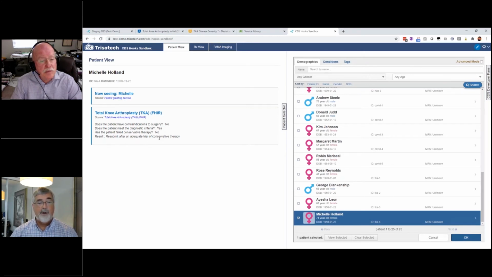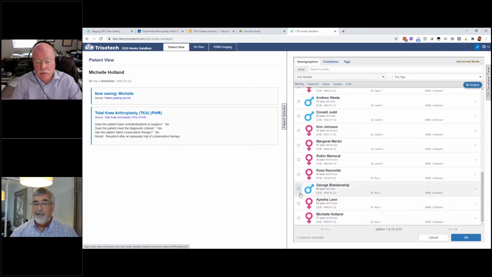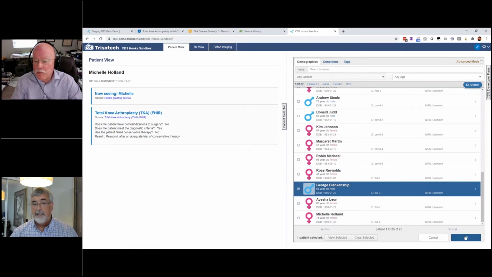So we're recommending her back to continue or look at conservative therapy. And similarly, I can move to other patients and get their particular results. For George, he has a contraindication, so therefore we should reject him pending the resolution of this problem.